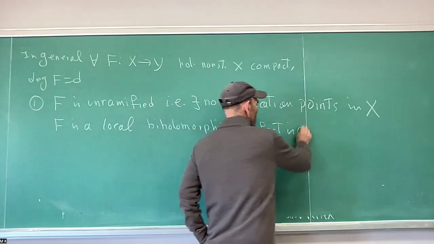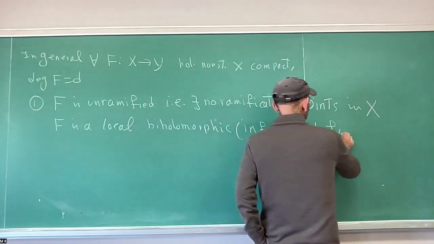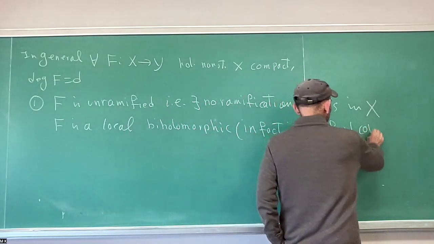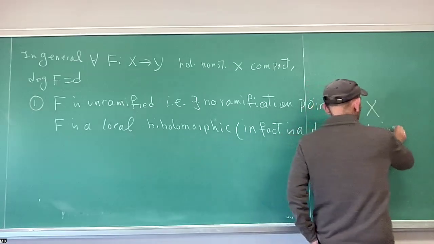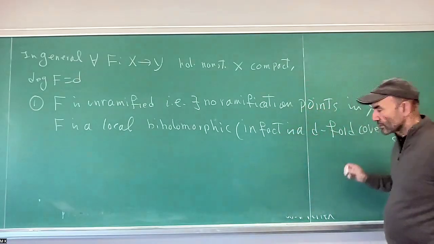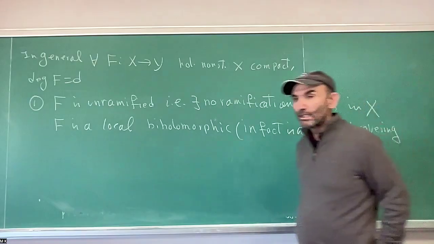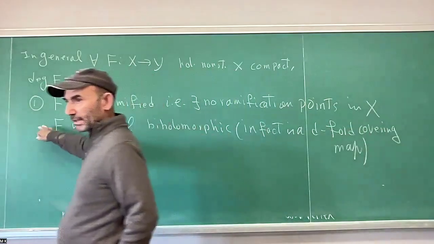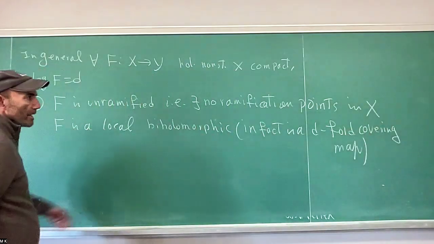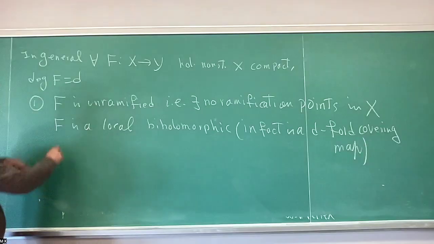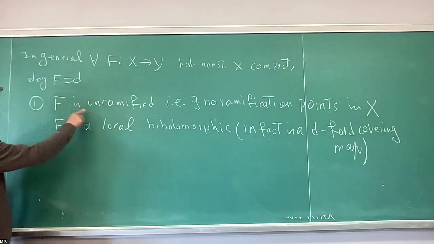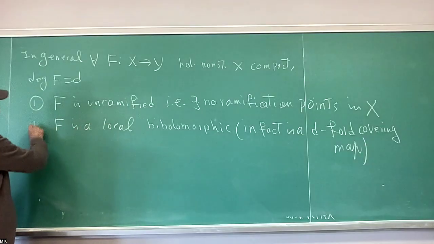Is this in the case where f is unramified? Let me just write it. Sorry? Is this the second case? No. This is the first case. I'm still in the first case. Okay. I said f from X to Y. So f is unramified. Then.